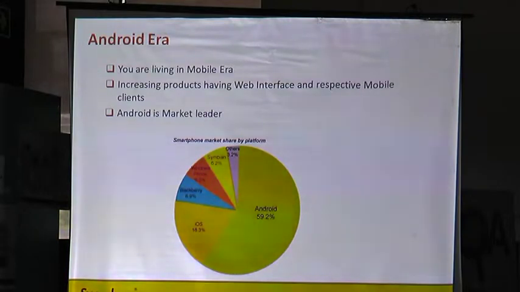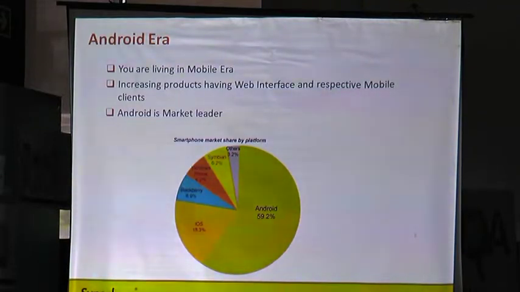Day by day, more and more companies are releasing app versions, so mobile testing has become a very crucial part for any company doing QA. When you talk about mobile testing, the first name that comes to mind is Android, because if you see the graph, more than 50% of the market is captured by Android.